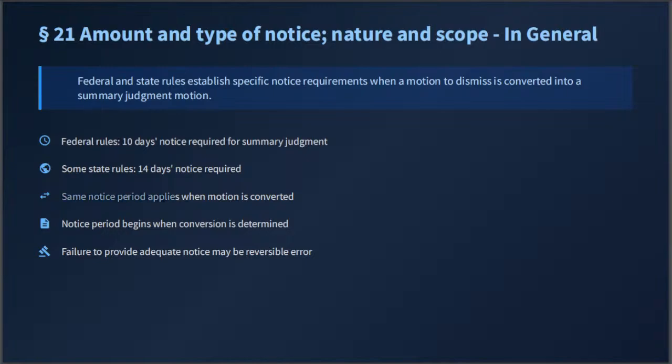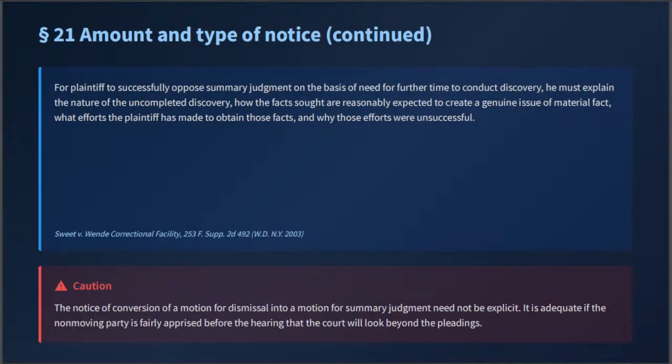Same notice period applies when motion is converted, as we saw before. And notice period begins when conversion is determined. Failure to provide adequate notice may be a reversible error. It's not one for appeal, it's reversible. And section 21, the amount and type of notice continued here.